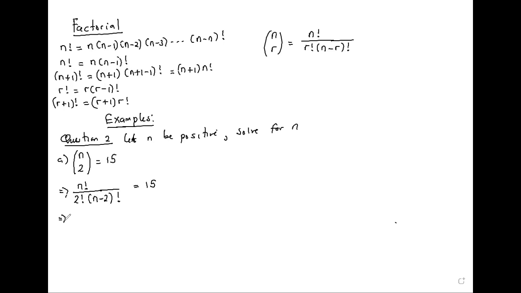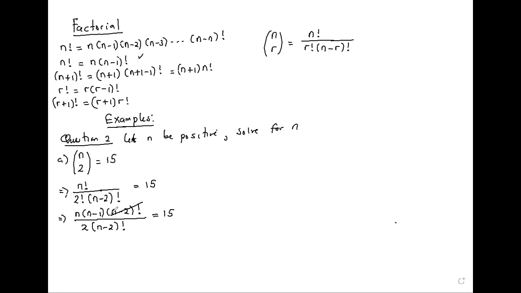How are we able to write n factorial? Well, let's pick this form of n factorial, where we do n, n minus 1, and n minus 2 factorial. So n here, and then 2 factorial is just 2, and then n minus 2 factorial, is equal to 15.